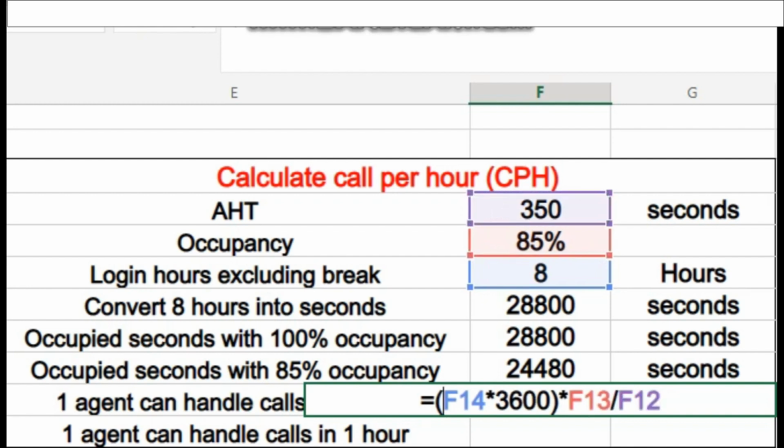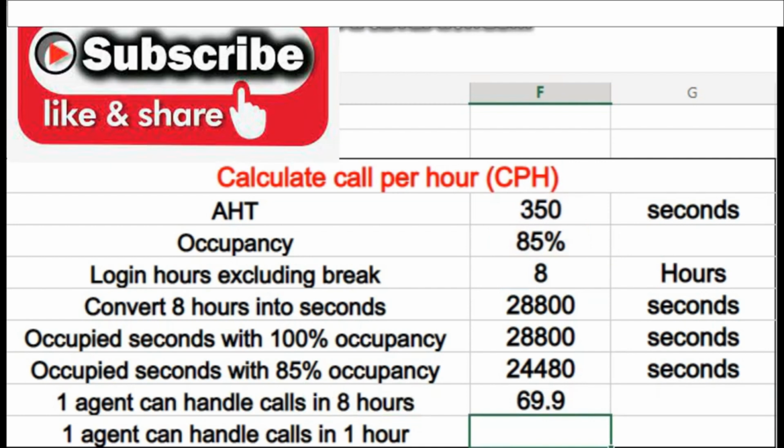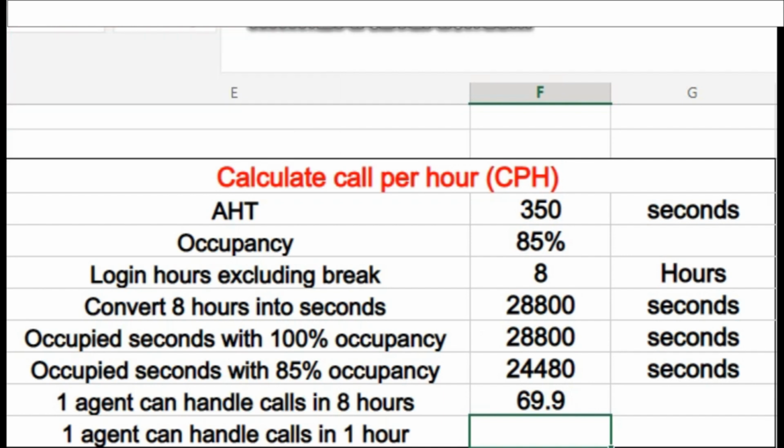So we have to be very careful while applying the brackets. So this would be the calculation we would be having. So I need to understand that one agent can handle 69.9 calls, approximately 70 calls in 8 hours.